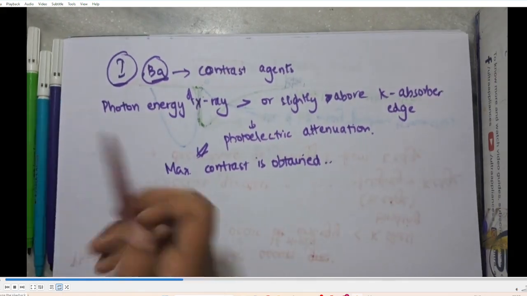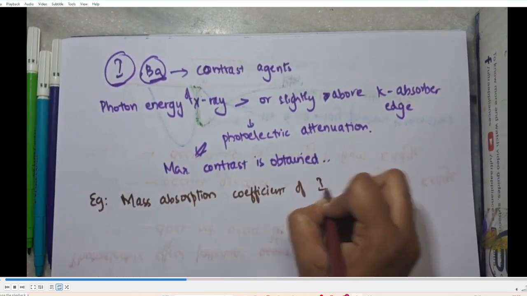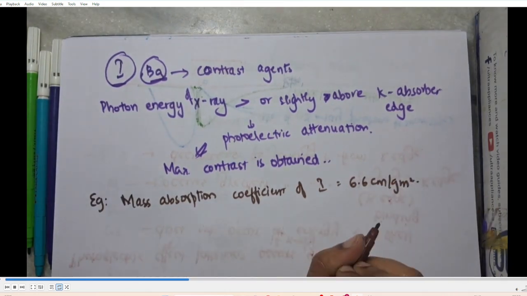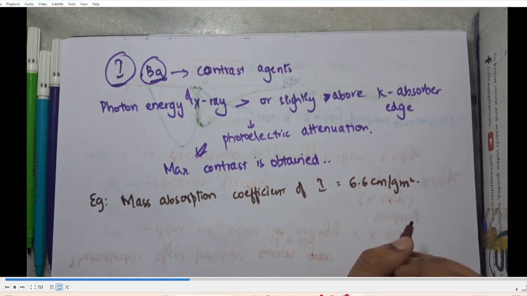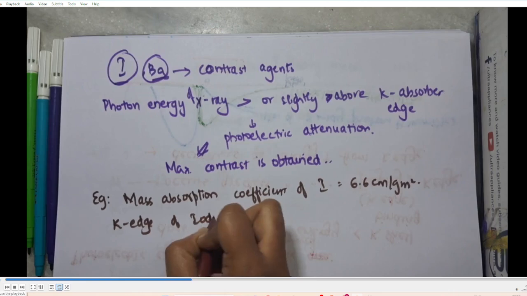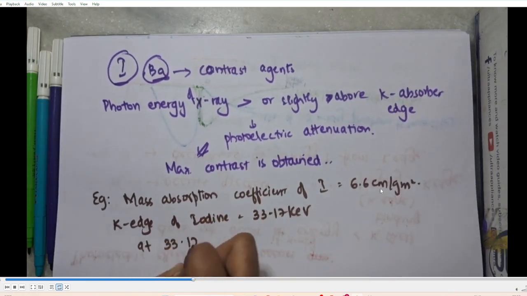So, for example, just below the K edge, the mass absorption coefficient of iodine is 6.6 centimeter square per gram. Then just above the K edge, the mass attenuation coefficient will rise to 236 centimeter square per gram.